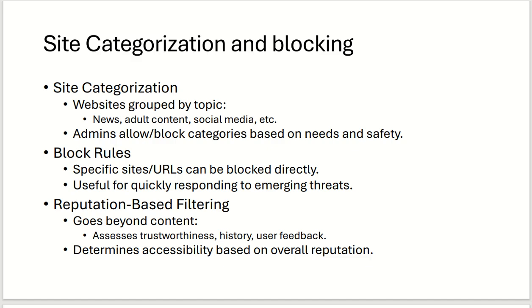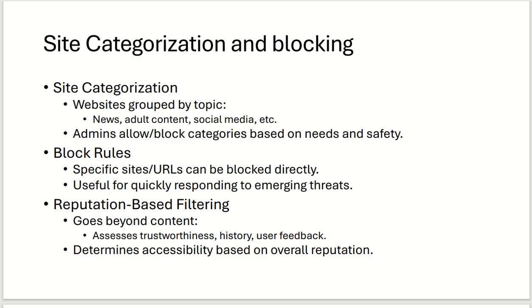Site categorization uses grouping of websites by certain topics such as news, adult content, and social media to block or allow content based on these categories whenever a website or content is requested within the network.